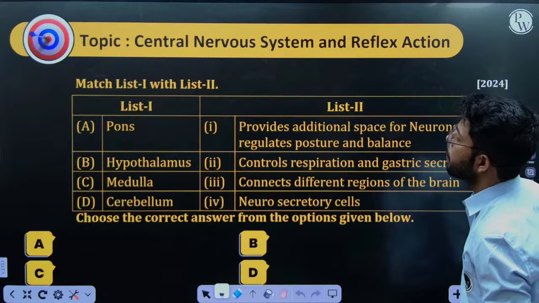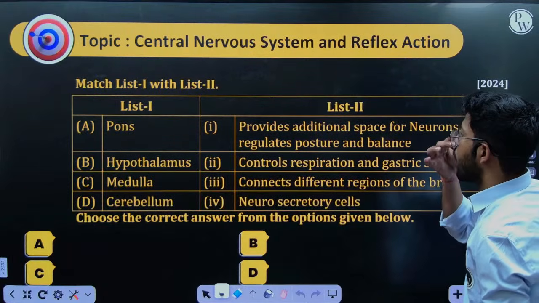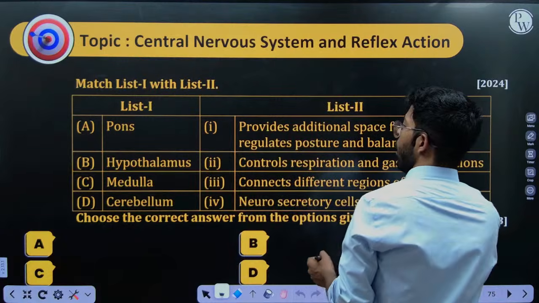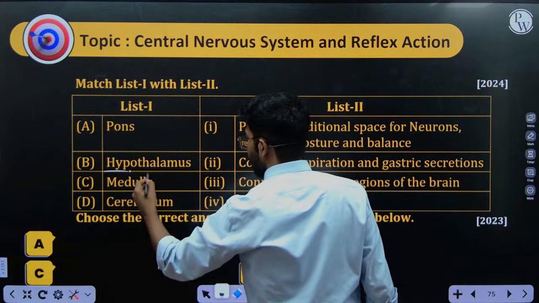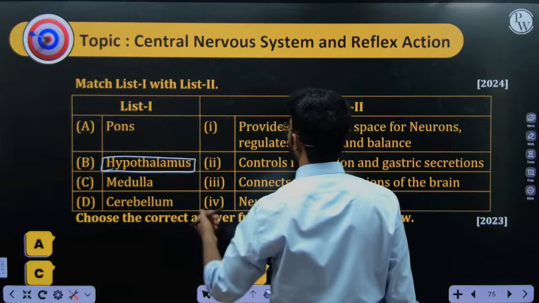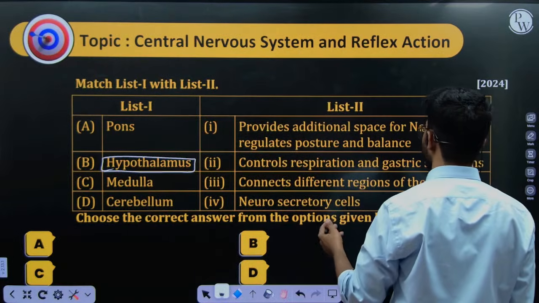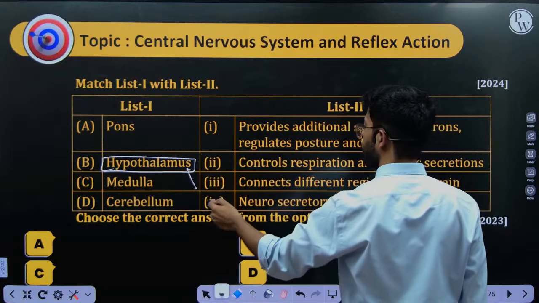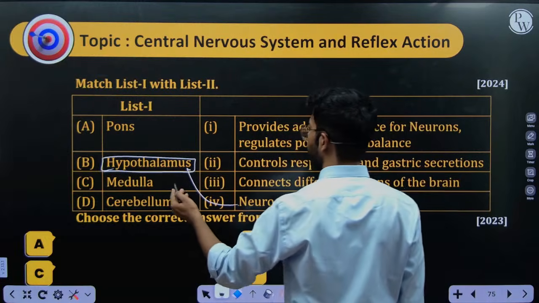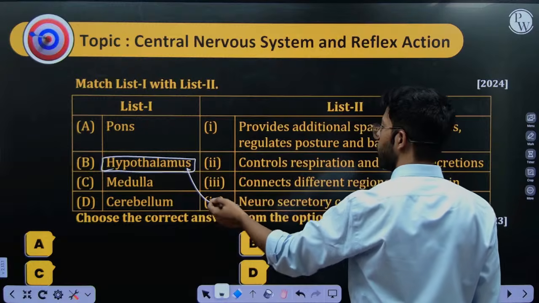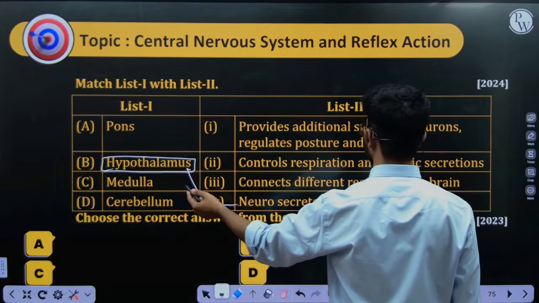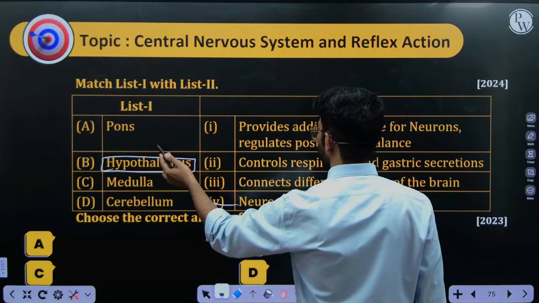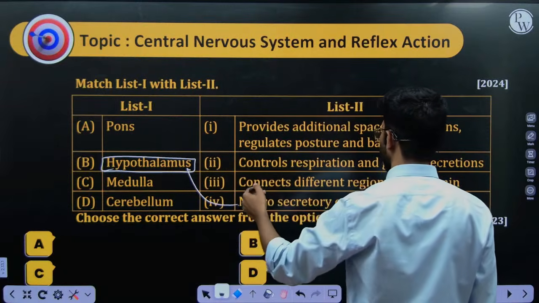Now next question. Match the following. The hypothalamus has the neurosecretory cells, and the medulla controls the respiration. Pons connects different regions of the brain.